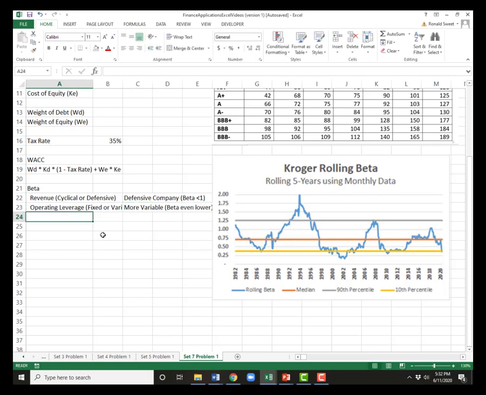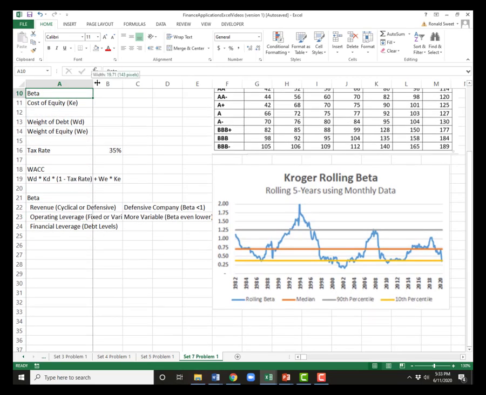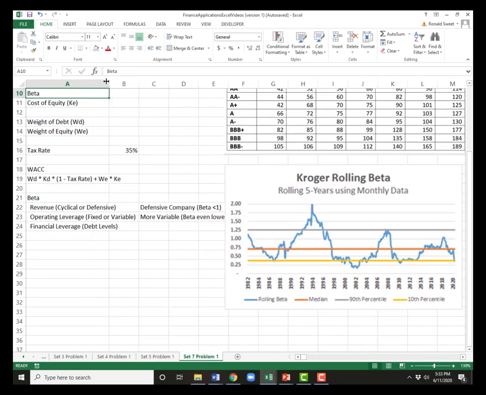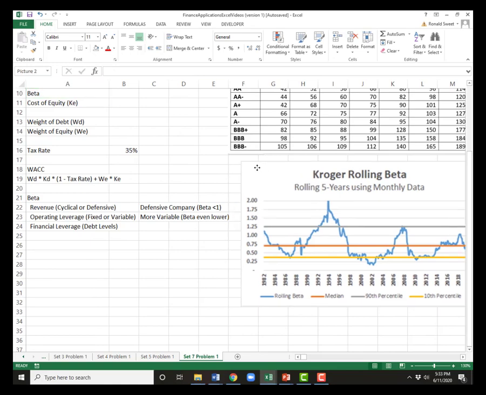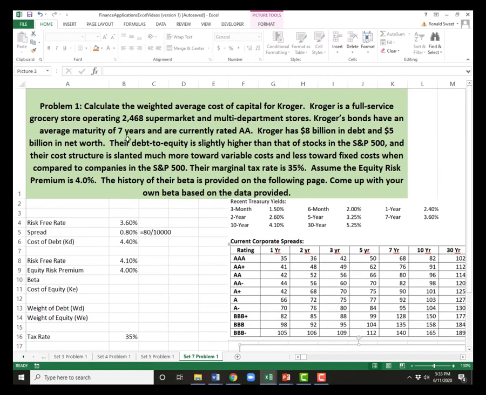The next thing we'll look at is financial leverage. And that's how much debt do they have. If they have a lot of debt, their beta will go higher. If they have little debt, their beta will be lower. And so let's look at what we say here. Their debt to equity is slightly higher than that of the average company.